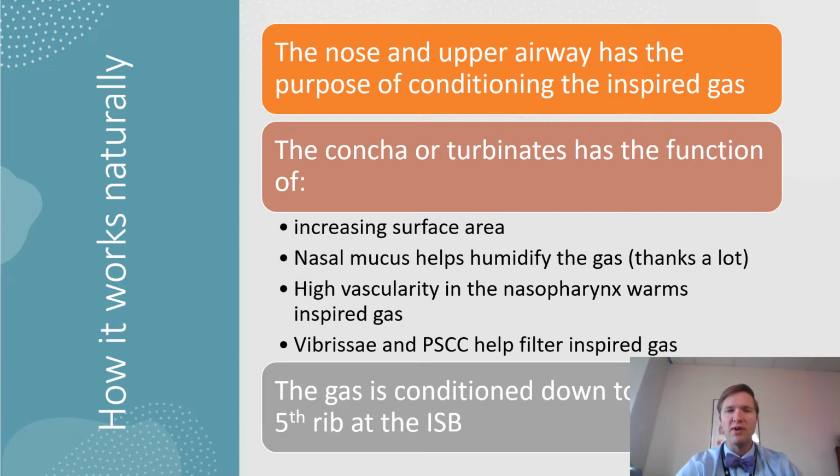And so when you have this increased surface area, when you have that nasal mucosa, right, that really helps humidify gas, that's going to help make sure that that gas is ready to go and purified as much as it can be before it reaches the lungs. So the vibrissae and the pseudostratified ciliated columnar epithelium cells, PSCC there, they really do help filter that inspired gas, and they really help us show a value in what we're doing with spontaneous breathing.